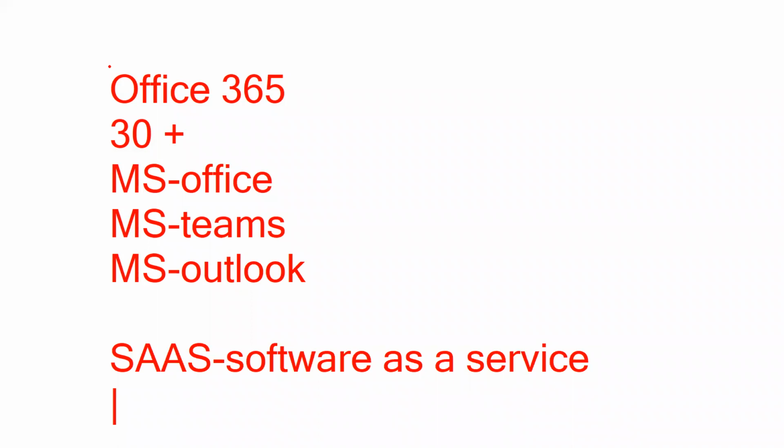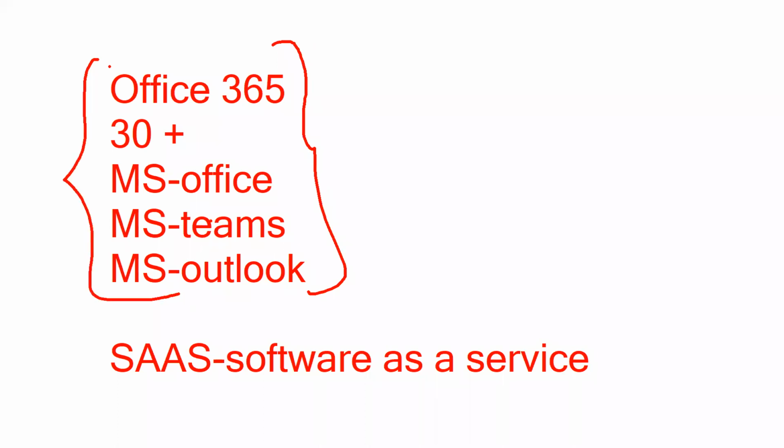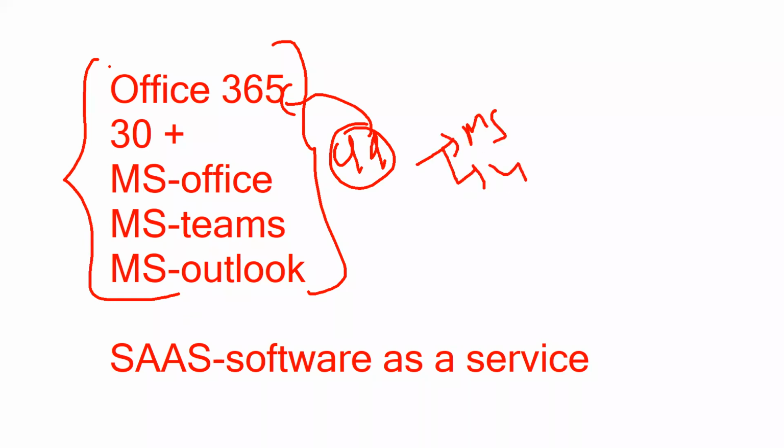Next, there is no software in the market to beat Office 365. That is sure. 99% of companies are using Office 365, like MS Teams, Outlook, MS Office, Yammer, MS BI. These come under software as a service. What does it mean? You need not worry about installation, configuration, management.